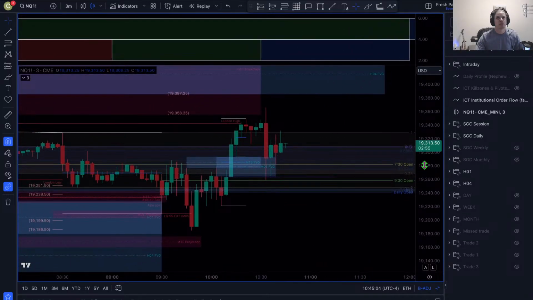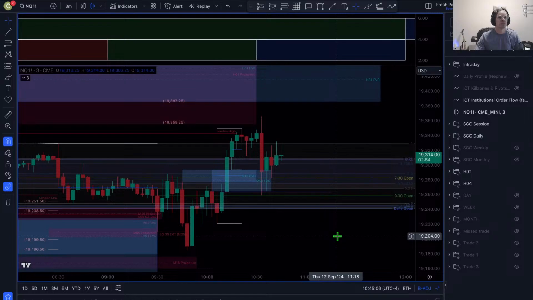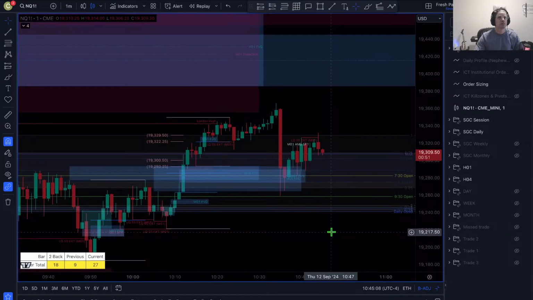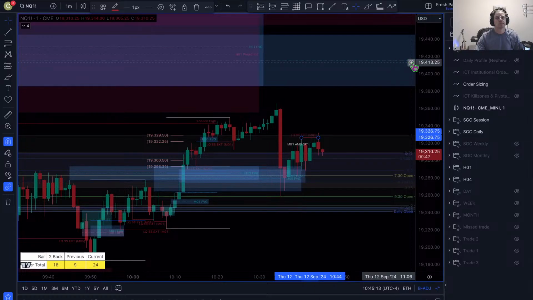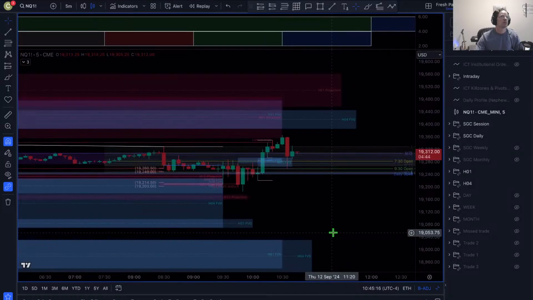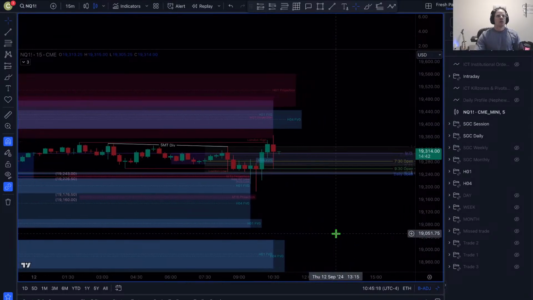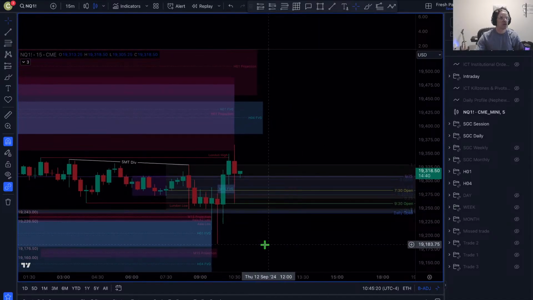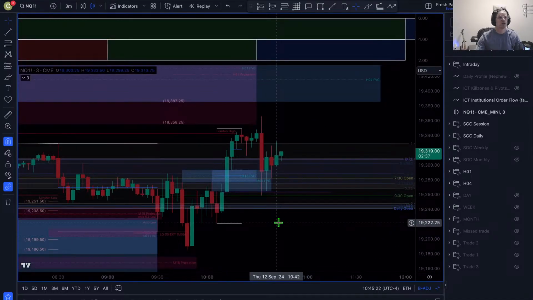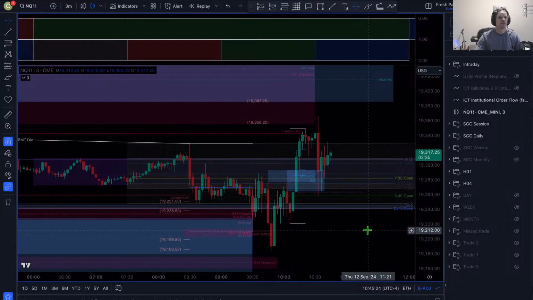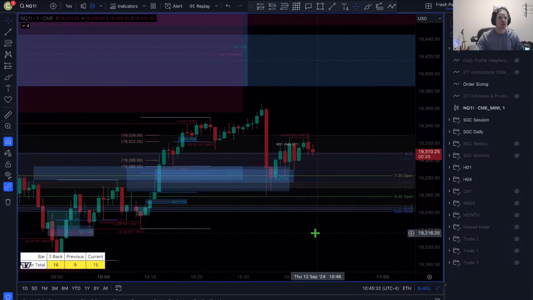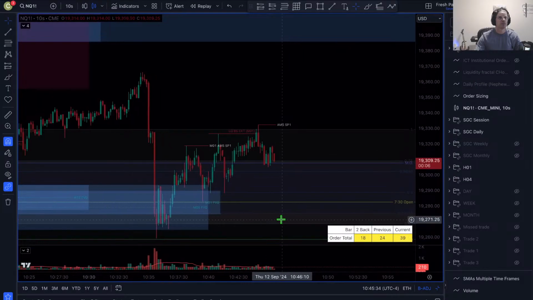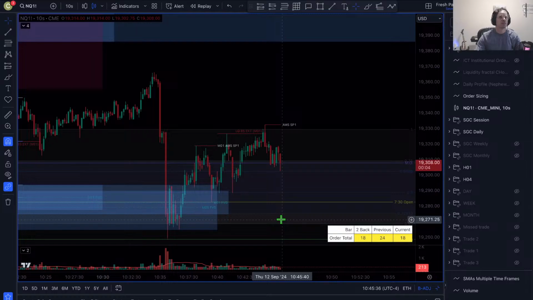M3 closed above the midnight open, so it's a little bit skeptical there. 15-minute close back above the midnight open, so that's bullish. I'm seeing more and more that was just a liquidity grab off of this morning run and that we might continue up. But could be wrong.